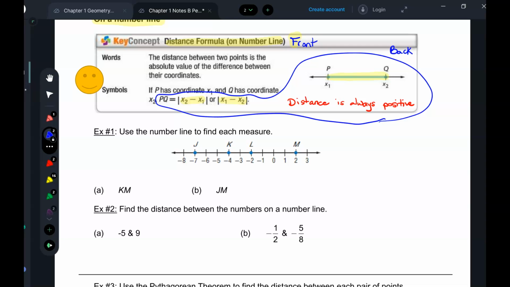So take a look at our first example. It says KM. There's nothing above it, so that's referring to the length of the segment.